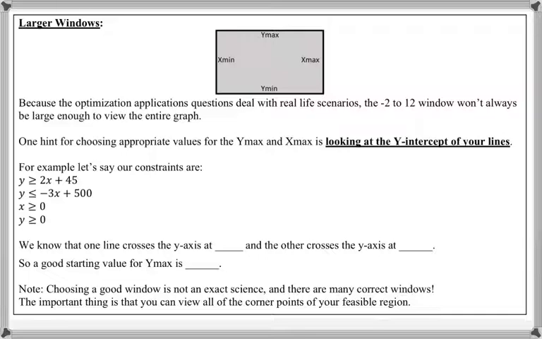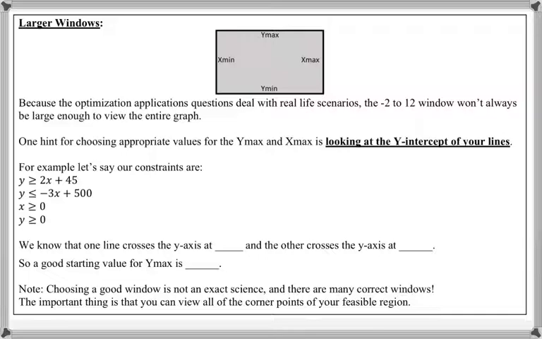So for example, let's say our constraints are y is greater than or equal to 2x plus 45, y is less than or equal to -3x plus 500, and then x is greater than or equal to 0, and y is greater than or equal to 0.